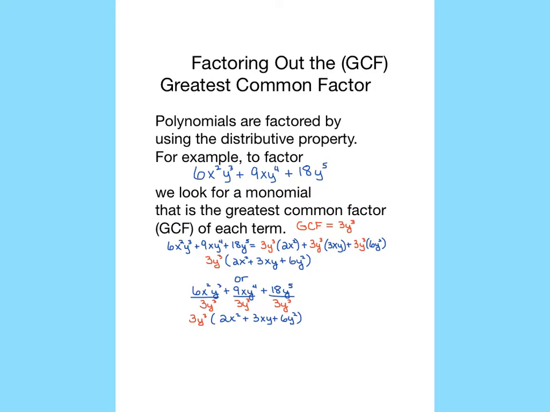Now, this GCF that I'm talking about, this is the same thing that you learned probably back in 4th grade, maybe even 3rd, of finding a greatest common factor. When you did it back in elementary school, we didn't deal with variables. That came later on.